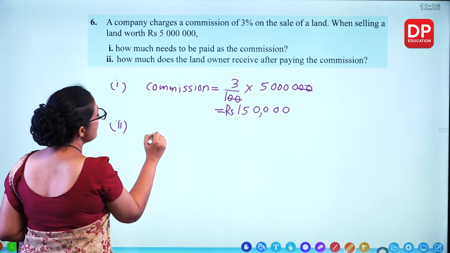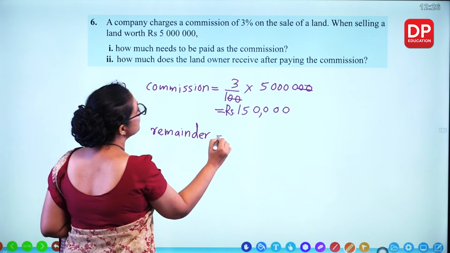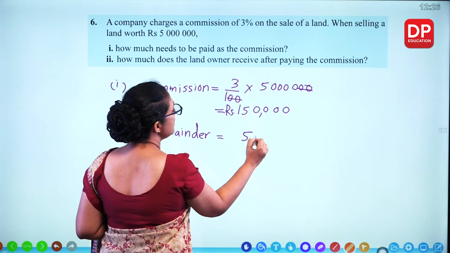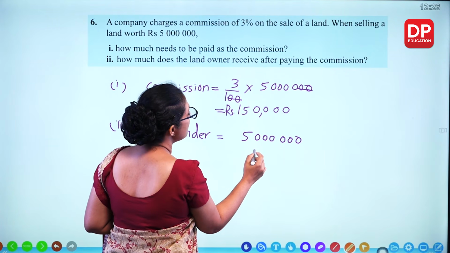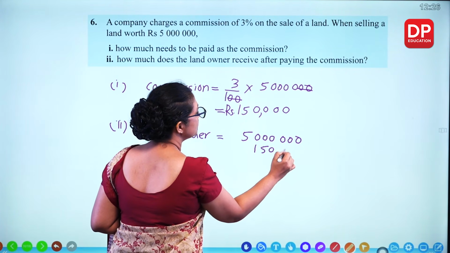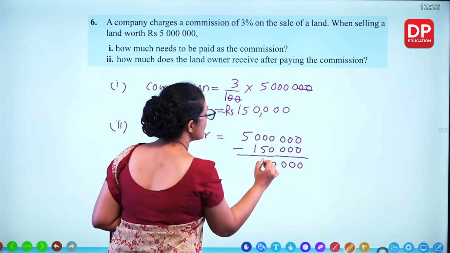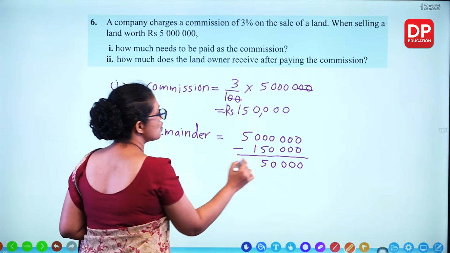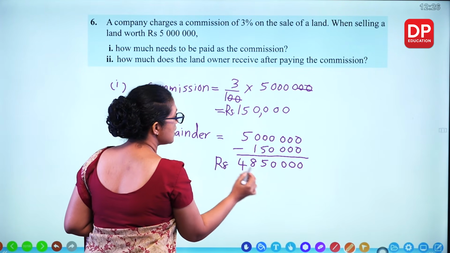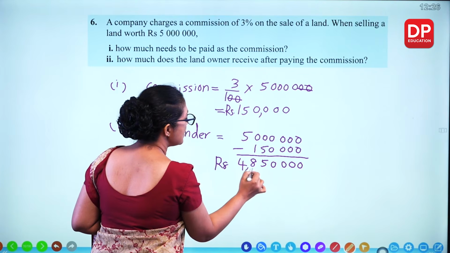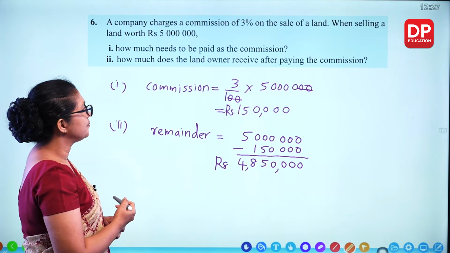So the remainder. 5 million minus 150,000. So 10, so 2, 8, 4, so 40. So 4,850,000 rupees.